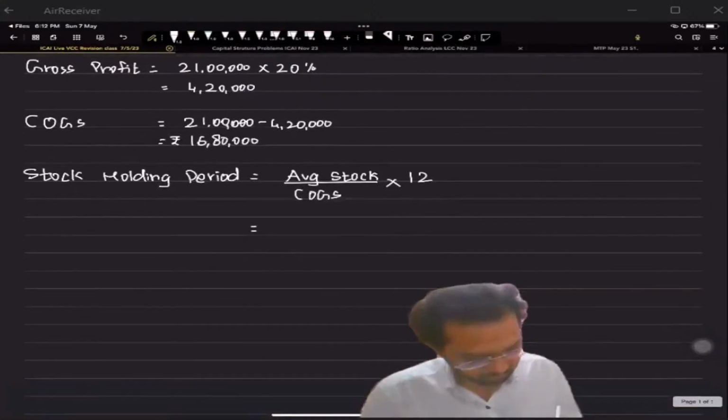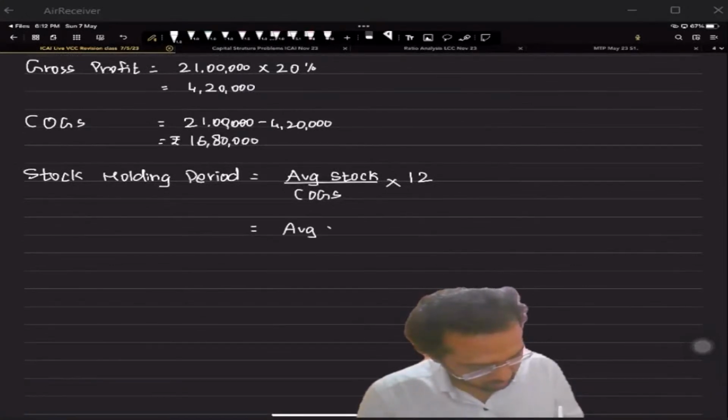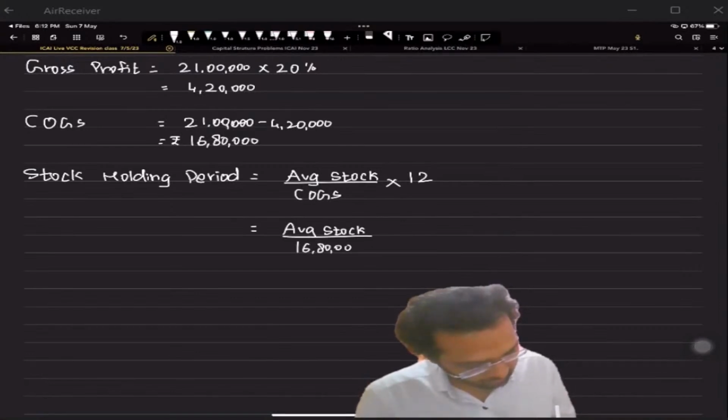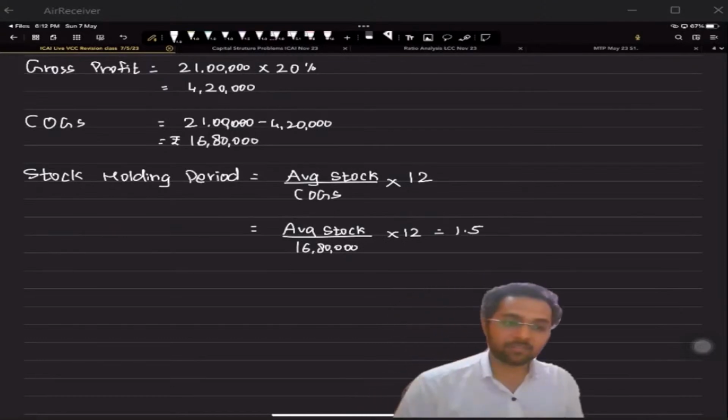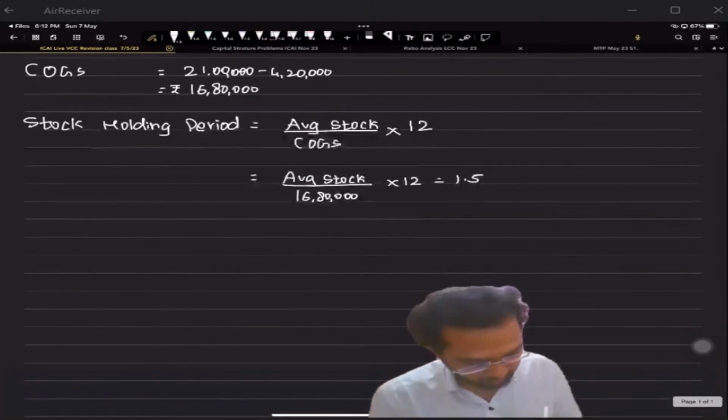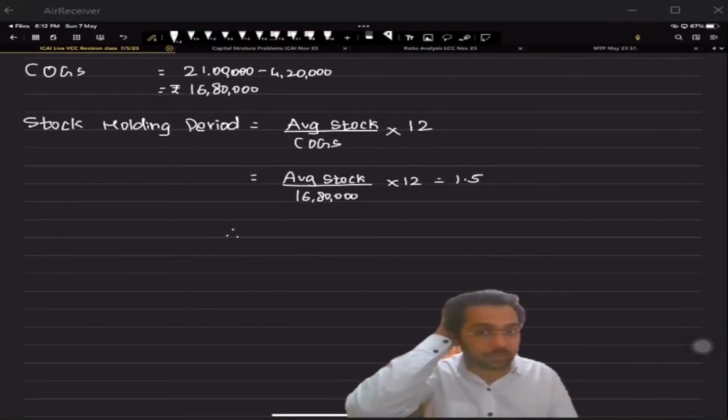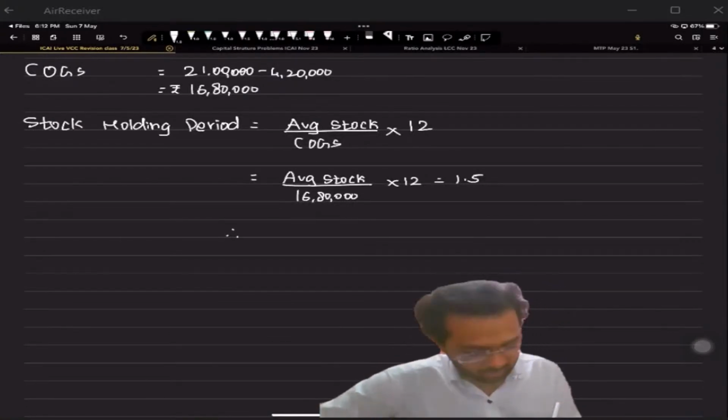So we have the average stock upon COGS, which is 16 lakh 80,000, into 12, which is equal to 1.5 months, correct? From this, we can actually get the average stock figure, guys.